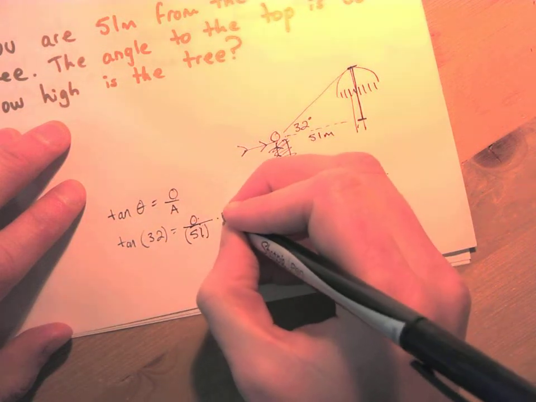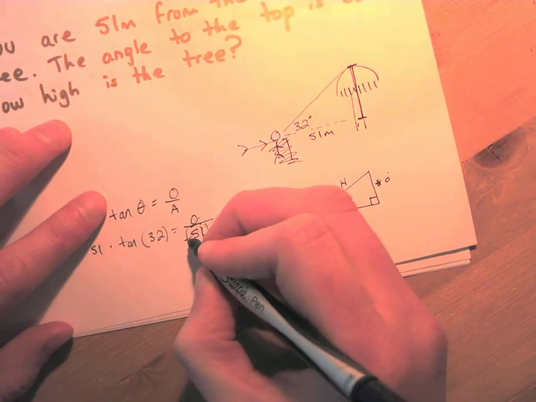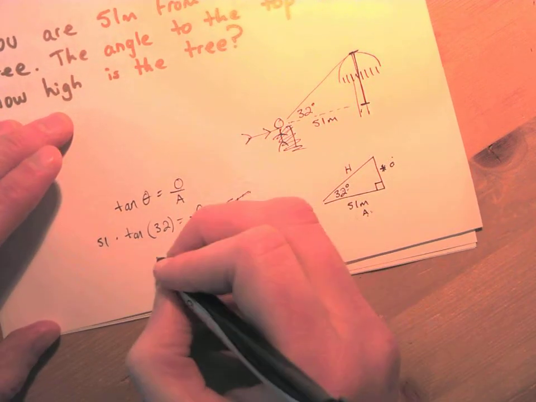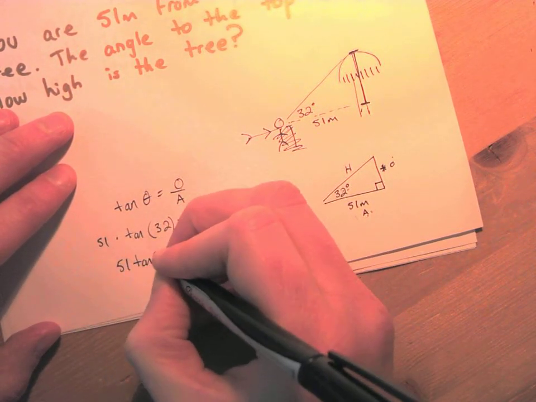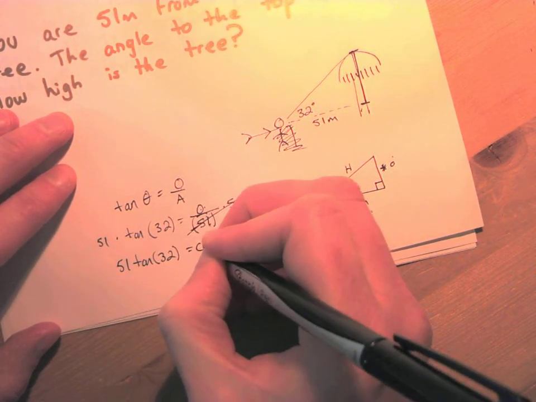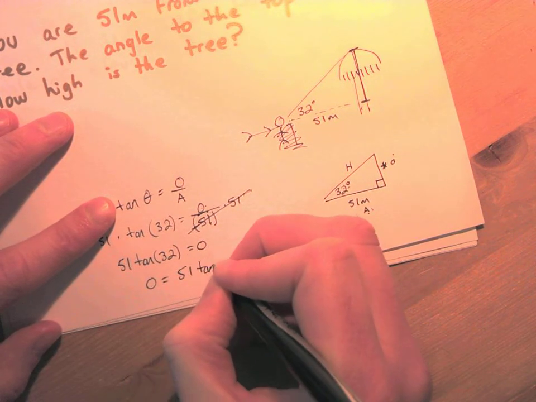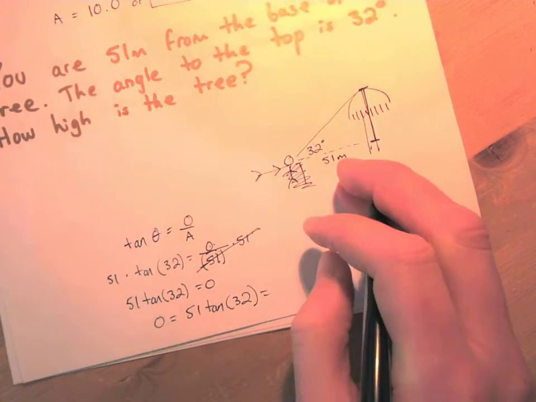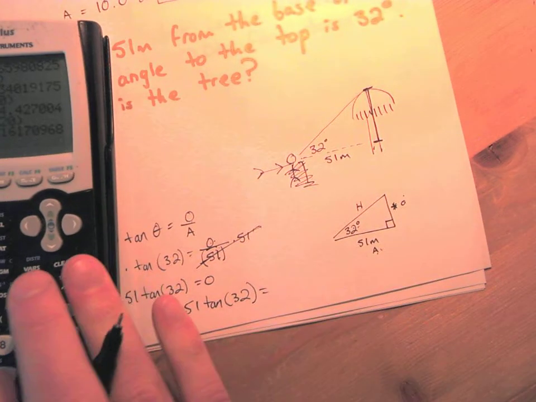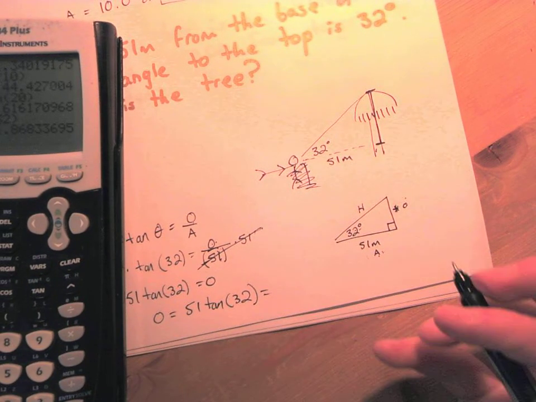Let's times by 51 to both sides, and those cancel out. And then we get 51 tan 32 is equal to O. What I usually do is write it this way, because I always like my variable on the left side. So 51 tan 32 is 31.9.